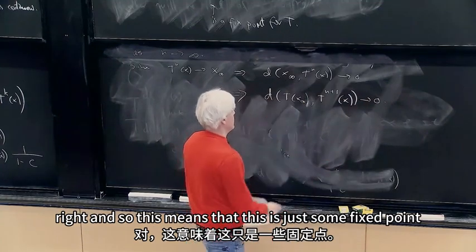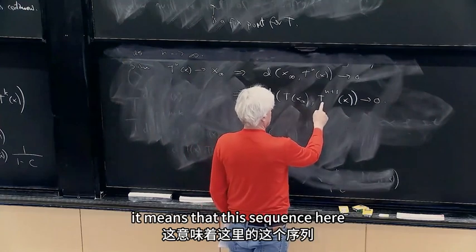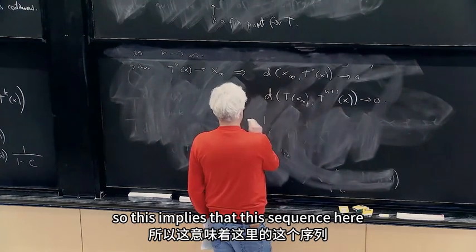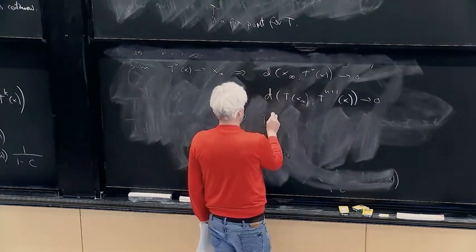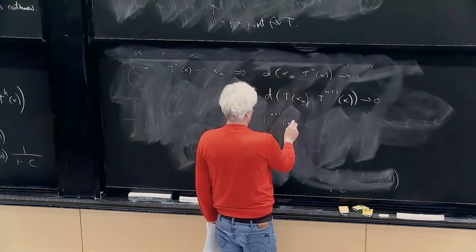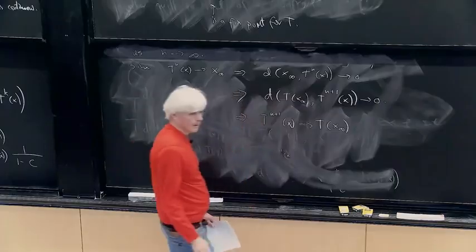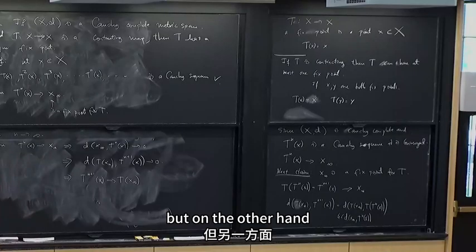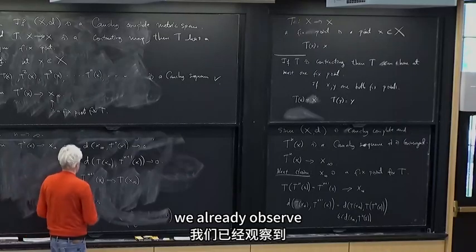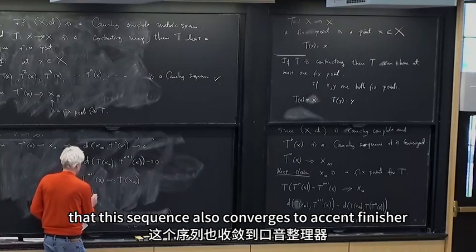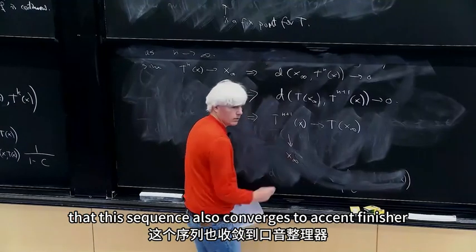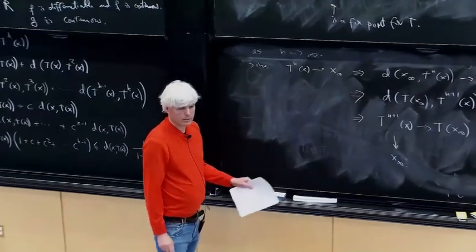And so this means that this is just some fixed point. This implies that this sequence here converges to T of x infinity, right? But on the other hand, we already observed that this sequence also converges to x infinity, right?